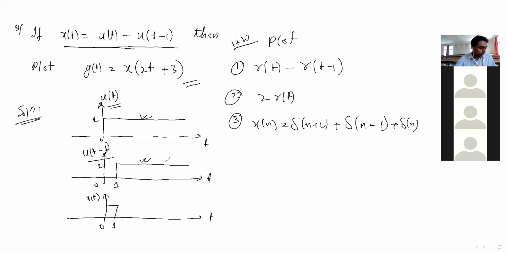Another very important question is, suppose you solve this one. 1, 2, 3, 4. u(minus t plus 2).